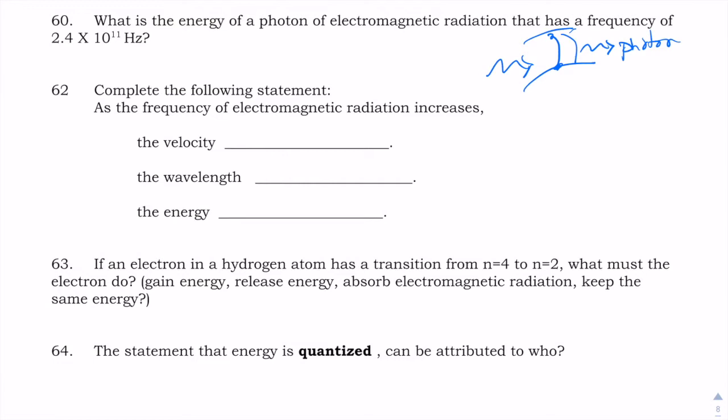The photon travels at the speed of light, which we call c, 3 times 10 to the 8th meters per second. And the photon has both energy and a wavelength, which are inverse to each other. So if we take the speed of light and set that equal to our wavelength times our frequency, we can calculate one if we know the other.